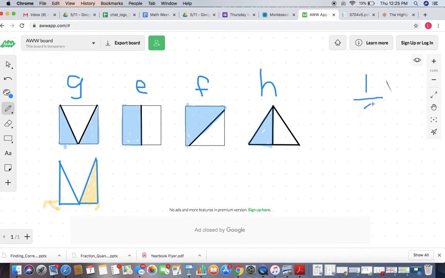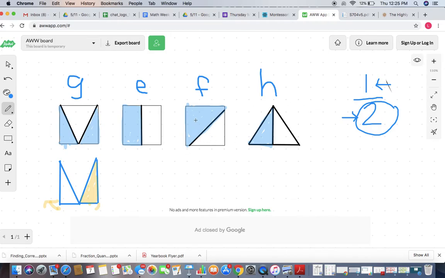The top number is what we call the numerator, and the bottom number is what we call the denominator. The denominator represents the number of total equal parts. So in E, there are two equal parts, and 1, which is our numerator, is shaded in.